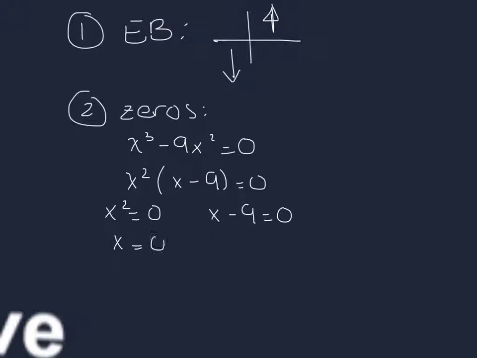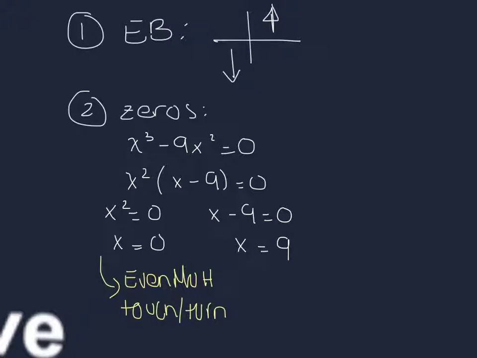Here x equals 0, here x equals 9. So x equals 0 occurs 2 times, so that's even multiplicity. Again, that means we're going to touch and we're going to turn. For x equals 9, that occurs once. That's odd multiplicity. That means we're going to cross through that point.